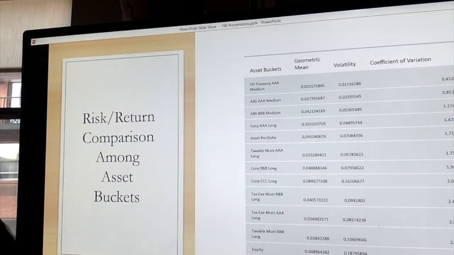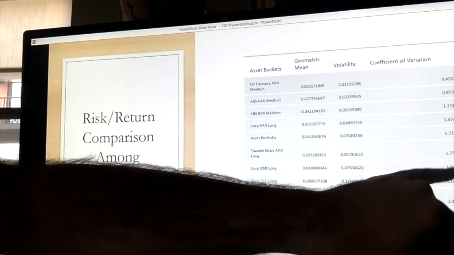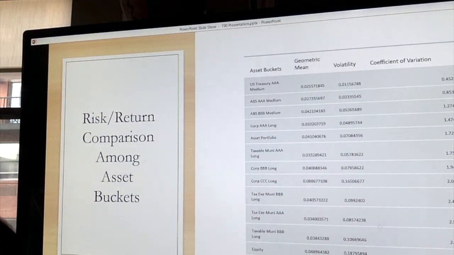And let's see the corporate bonds. Equity is so low in the portfolio, so I don't need to talk a lot about it. But the corporates are important, corporate bonds. Corporate triple Bs and corporate triple Cs are doing worse than the average of the asset portfolio risk return performance.